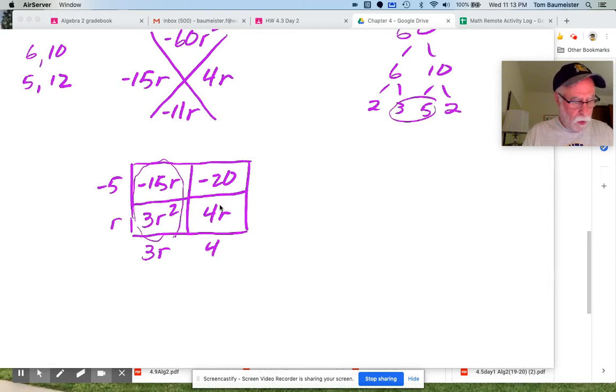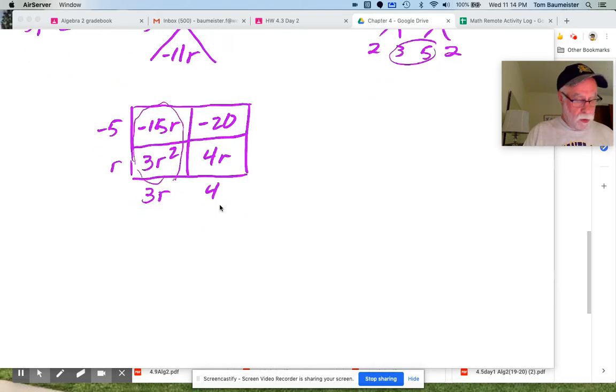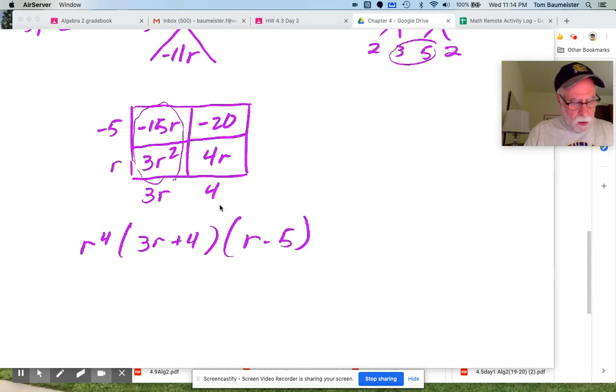You would tell me 4. And as a check, is negative 5 times 4 equal to negative 20? You would say yes. So now we see that to factor it completely, you should have r to the 4th times 3r plus 4 times r minus 5. So that was our answer to problem number 10.